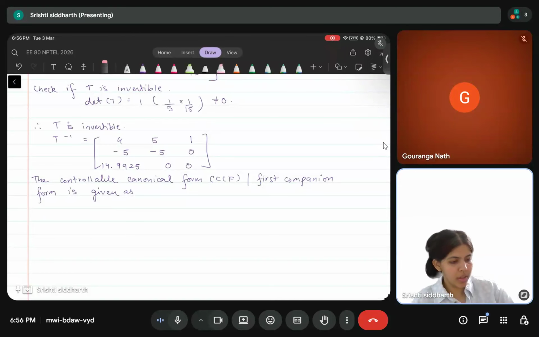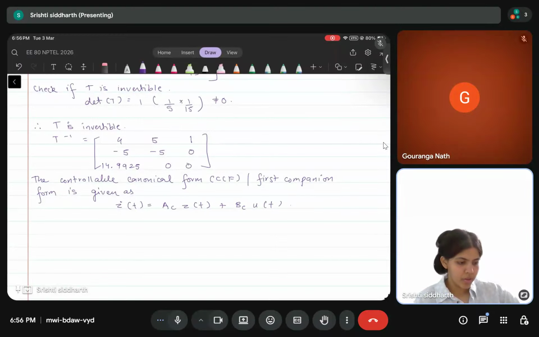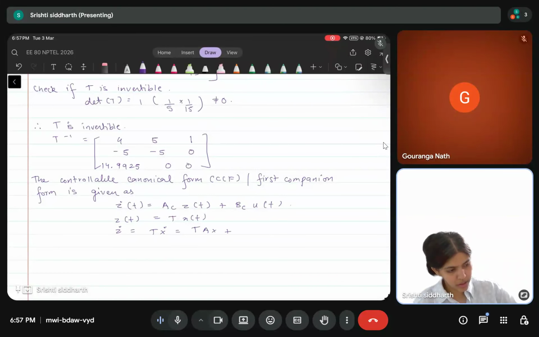So Z dot of t equals AC times Z of t plus BC times U of t. Z of t is T times X of t. So Z dot is T x dot, which is TAx plus TBu.